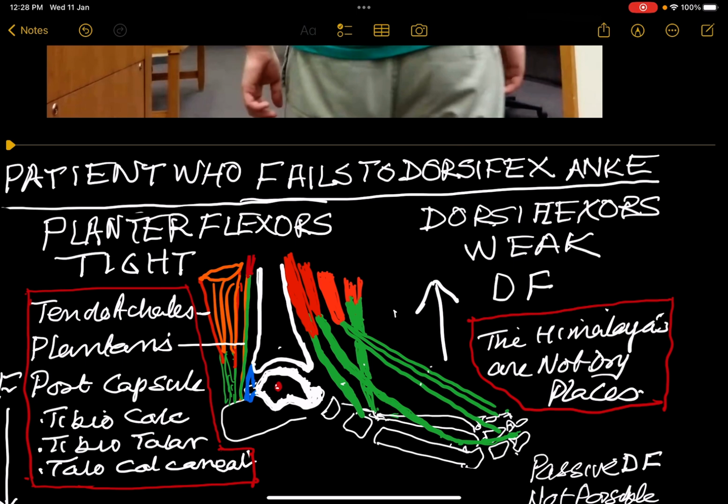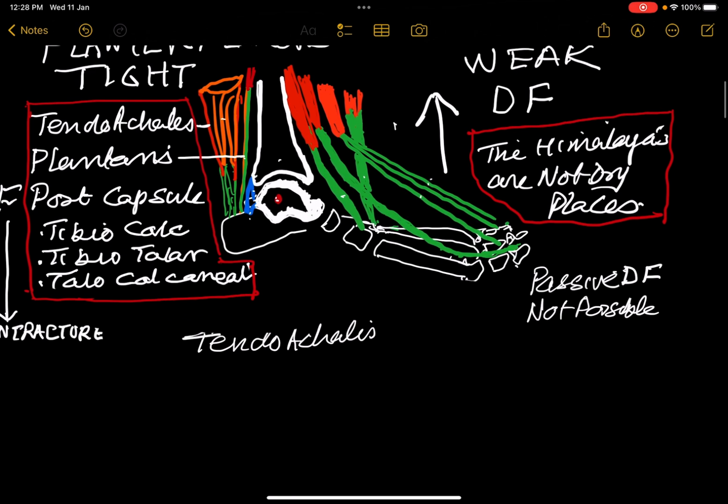Now, they are tendoachilles, plantaris, and the posterior capsule, which has a tibiocalcaneal component, a tibio-talar component, and a talocalcaneal component. So, if there is a contracture here, then the patient will not be able to dorsiflex the ankle, and since he will not be able to even passively dorsiflex the ankle, this condition is called equinus.